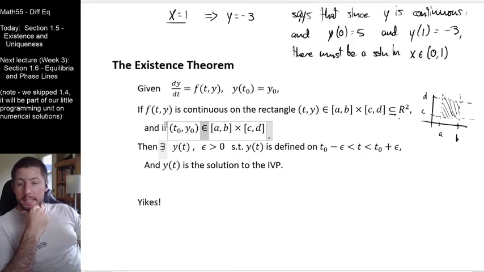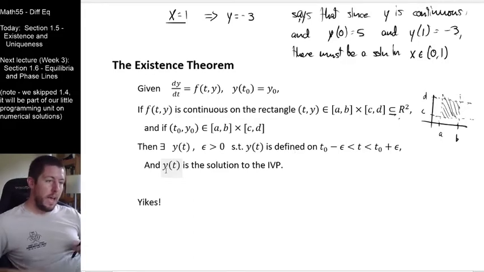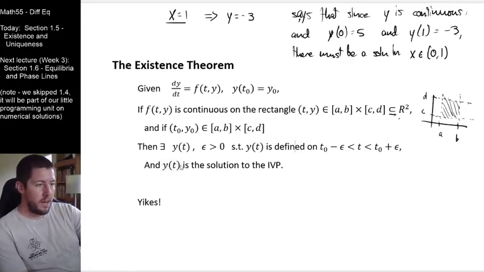Then there exists some function y of t and some epsilon greater than 0, such that that function y is defined in some region about that t location, and that y of t is the solution to the initial value problem. And yikes is an appropriate word at the end. I do want to write some of these guys right here.